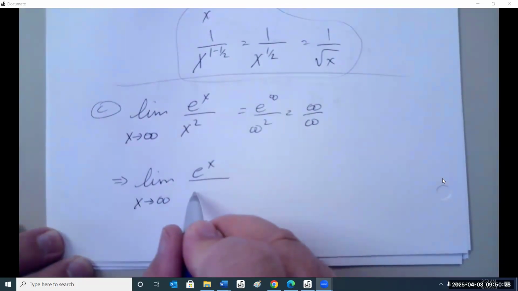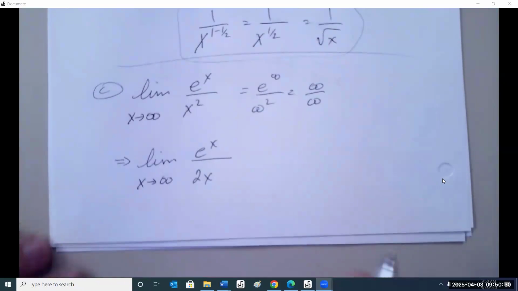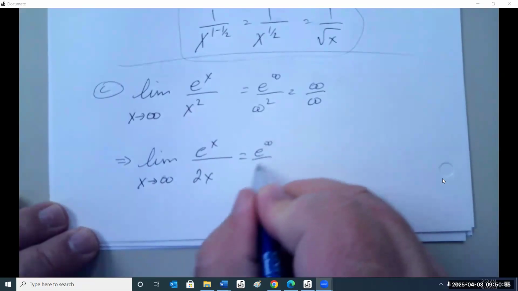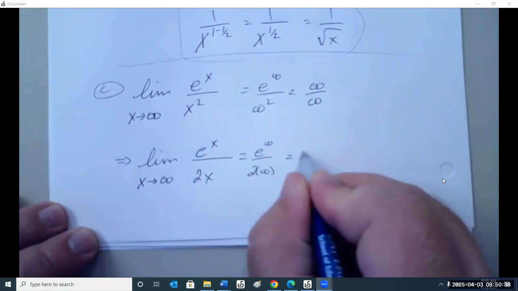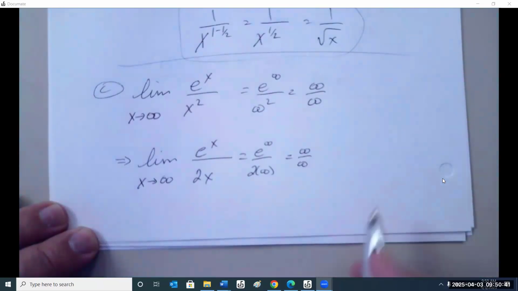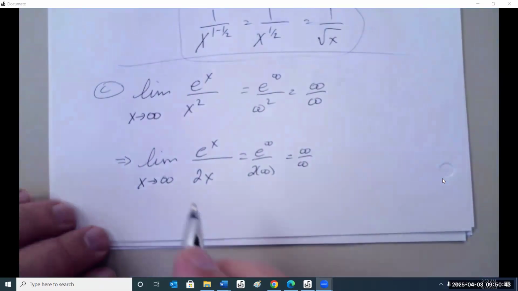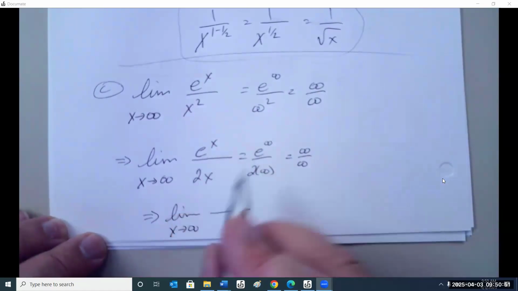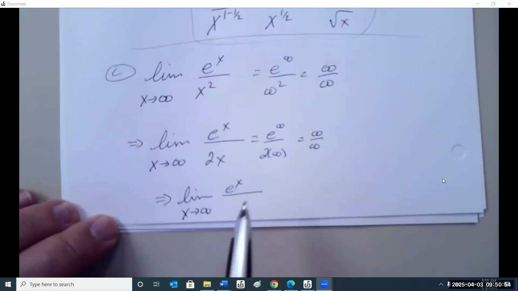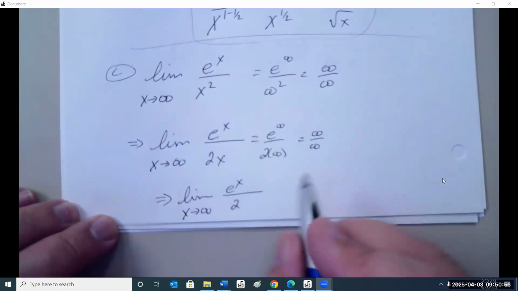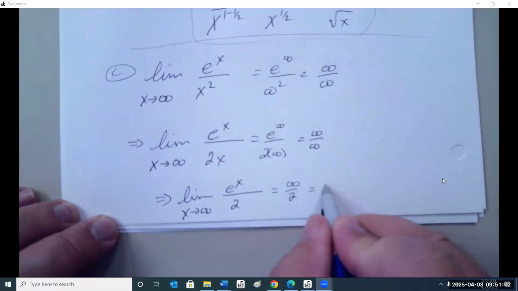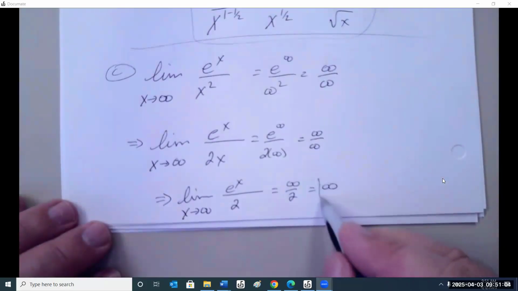Derivative of x squared, 2x. Plug in infinity. We still get infinity over infinity. So we do it again. The derivative of e to the power x is e to the power x. The derivative of 2x is 2. So we got infinity over 2, which is still infinity. And that's our answer.